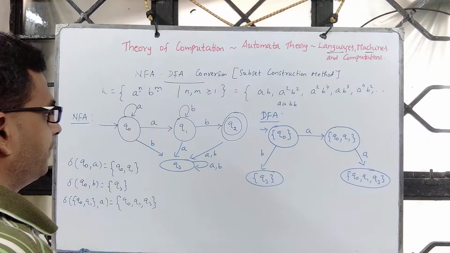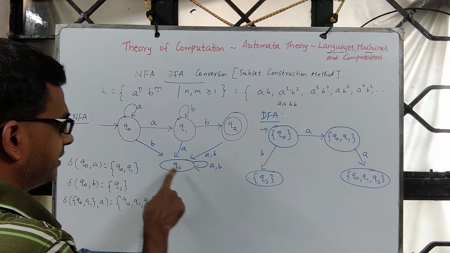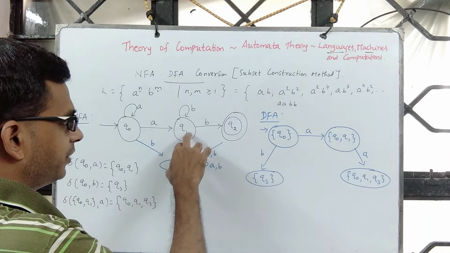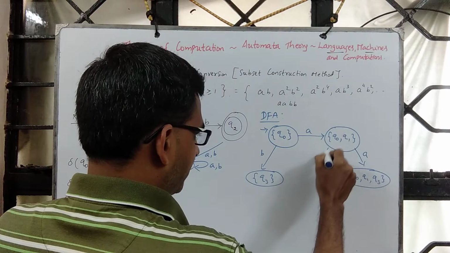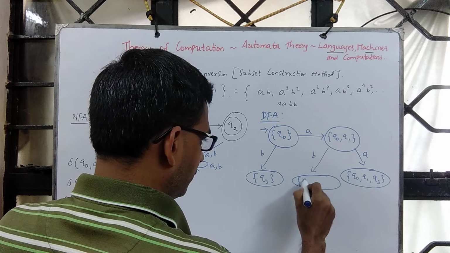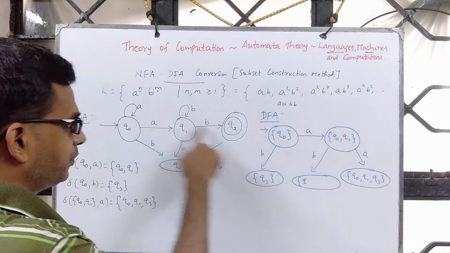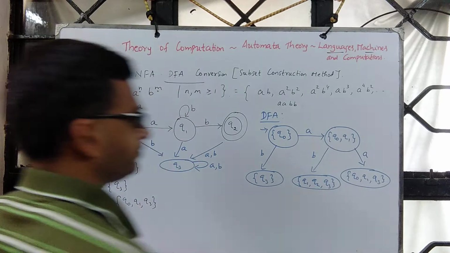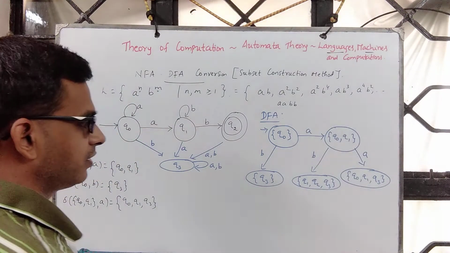On similar lines, if we read a B, Q0 comma B says Q3, Q1 comma B says Q1 and Q2, which means when we read a B, we get a new subset: for Q0 it is Q3, for Q1 it is Q1 and Q2, so we get Q1, Q2, Q3. Fine. Now with respect to this, A and B is defined.